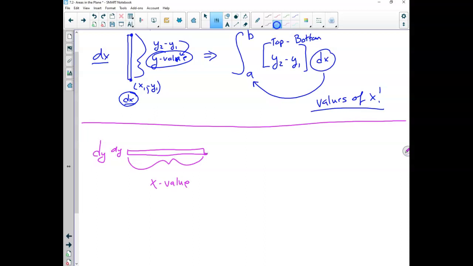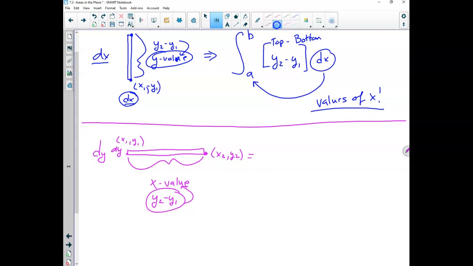Because either way, if I said here, this is my x2, y2, and this point over here, that's my x1, y1, well, I can find the thickness by subtracting the y's. And how do I find the height? Well, remember, I'm going horizontal, and I always want to take the greater value minus the lesser value.